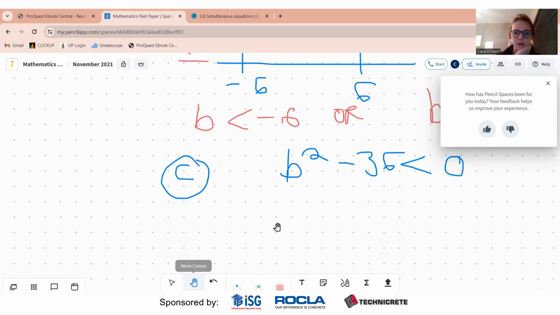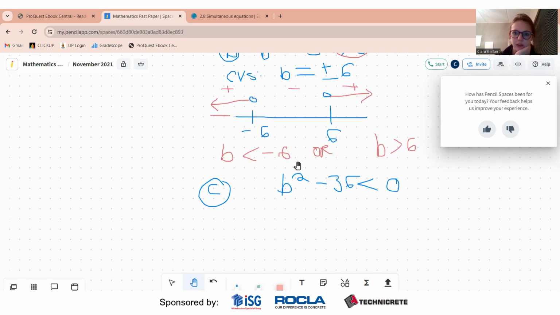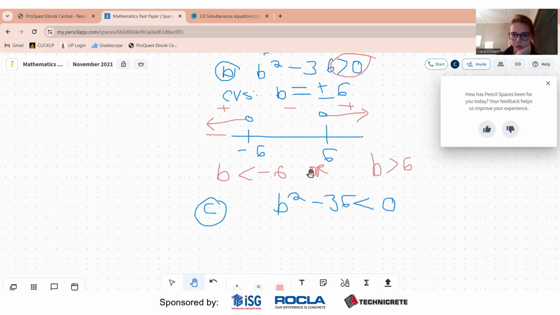Okay, so to solve this inequality, I've already found the CVs above and drawn the number line. And I see that for this inequality, less than 0 corresponds with the middle portion of my number line, because less than 0 means negative.